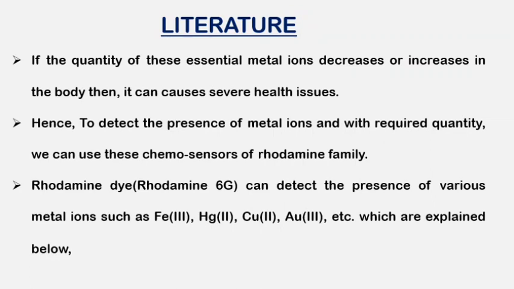Hence, to detect the presence of metal ions in the required quantity, we can use these chemosensors of the rhodamine family. Rhodamine dye can detect the presence of various metal ions such as Fe3+, Hg2+, Cu2+, Au3+, etc., which are explained below.